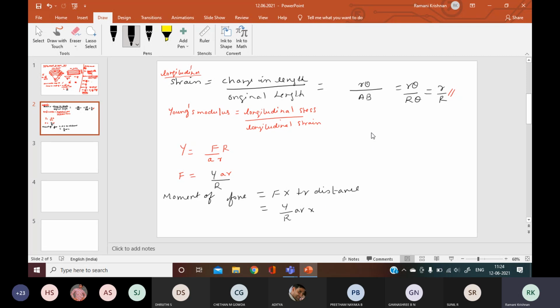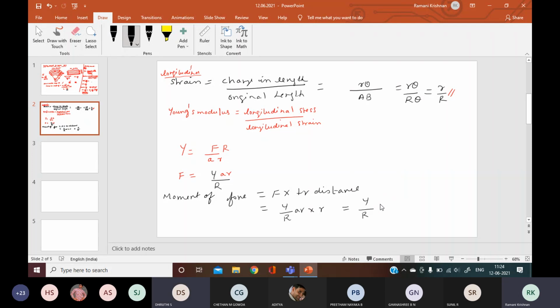What is the perpendicular distance here? What is the distance of the layer AB from the neutral axis? It is small r, isn't it? So it is Y by R. It is the moment of force due to the layer AB.